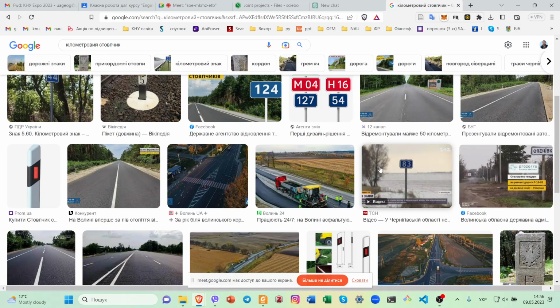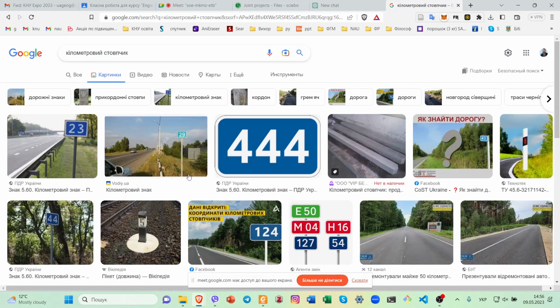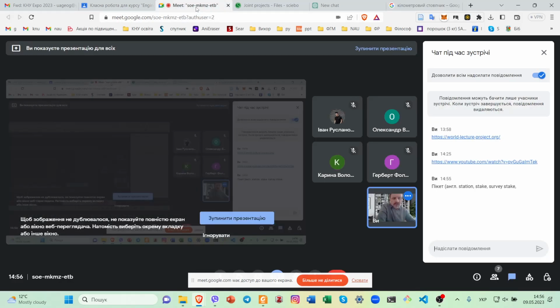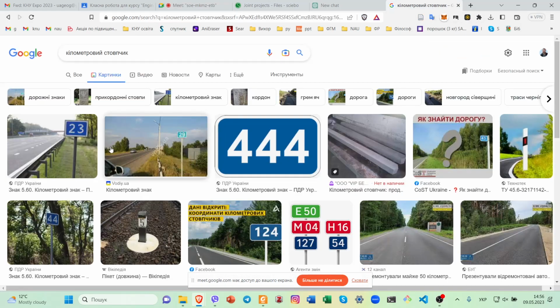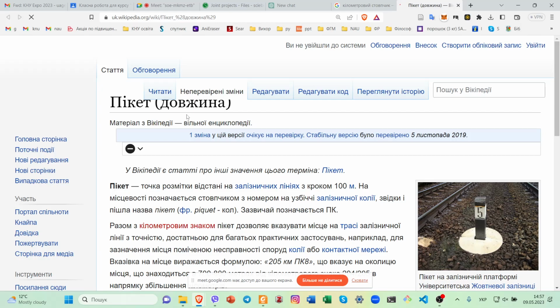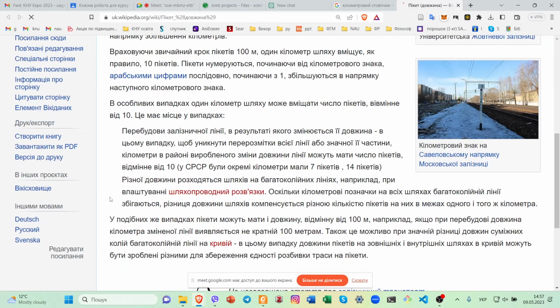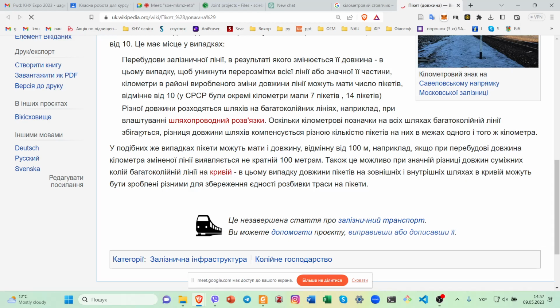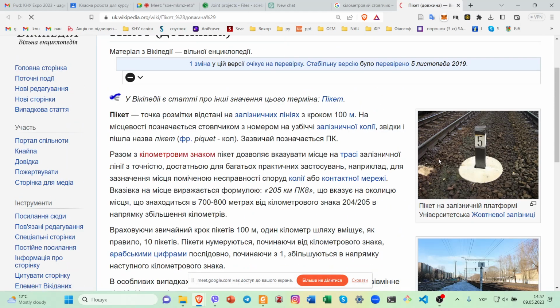You can see, yeah? These survey points or stakes or stations, and also we use these survey stakes on railroads.